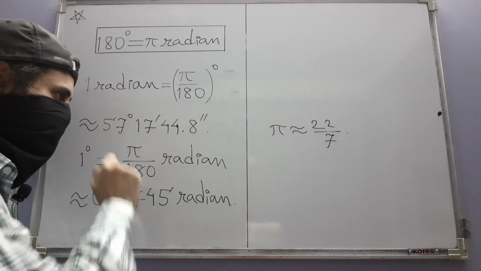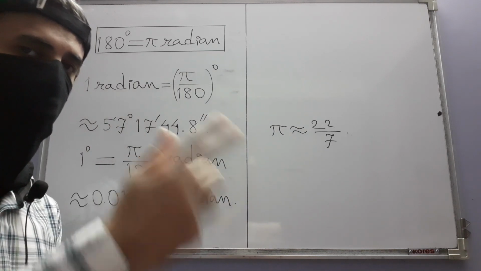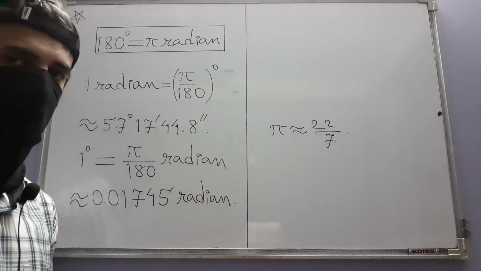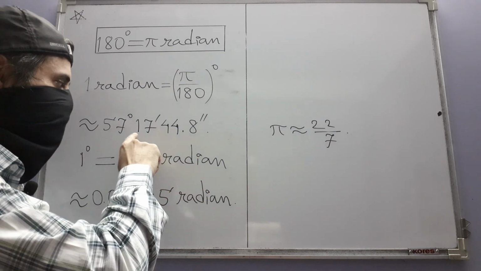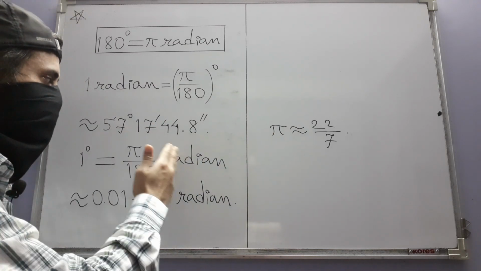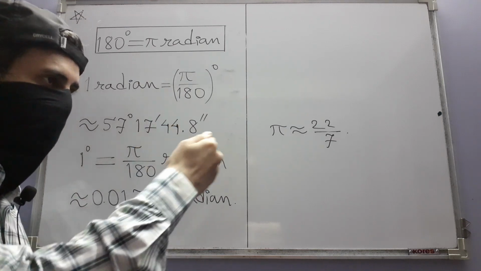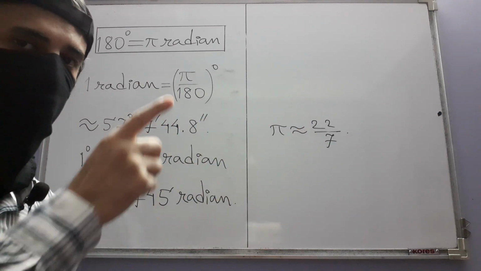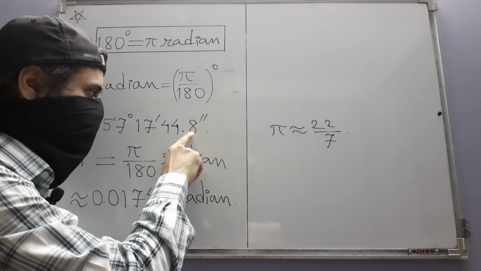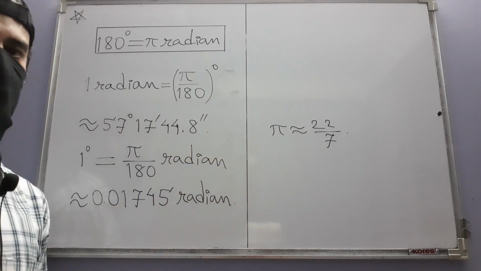That means 57 degrees plus 0 point something degrees. To turn that 0 point something degrees into minutes, you multiply by 60. That will give you 17 point something minutes. From there you take 17 apart and you will be left with 0 point something minutes. You multiply that by 60, and that will give you 44.8 something seconds, where I have kept 8.